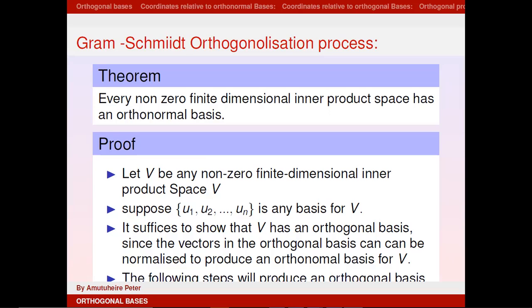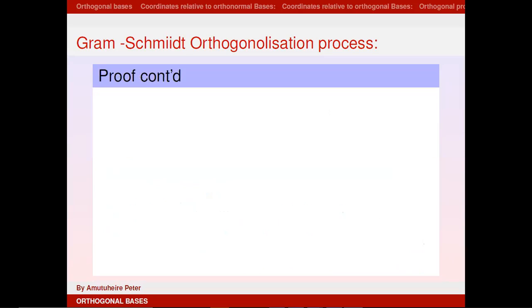The following steps will produce an orthogonal basis. The first step, we let the first element V1 of the orthogonal basis be U1.